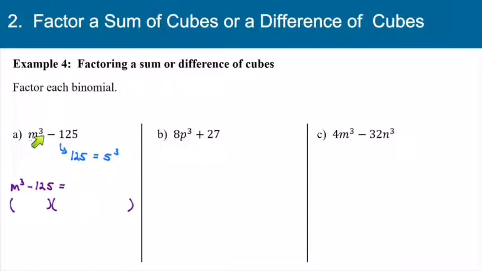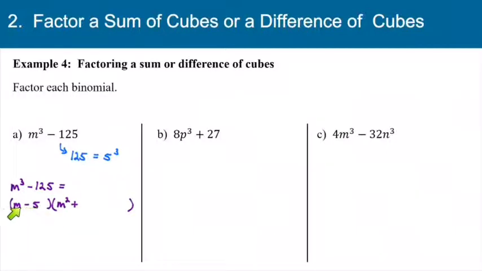m to the third is the third power of m, so I'm going to put m here. Then same sign as in the problem, and 125 is the third power of 5, so I'm going to put 5 here. Now to build the trinomial, we say this thing times itself, so m times m is m squared, and then opposite sign of what's in the problem.